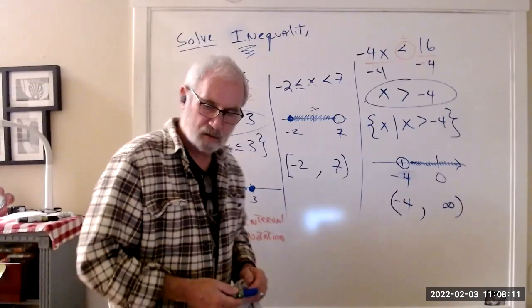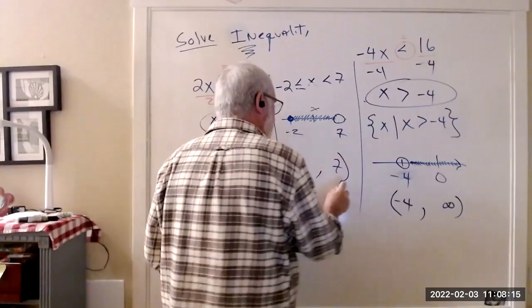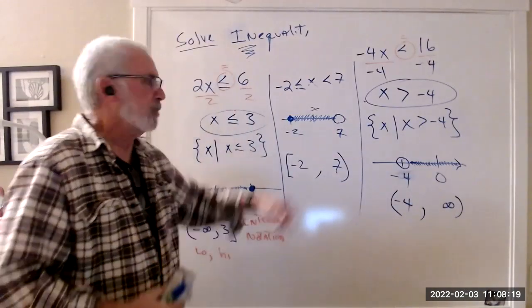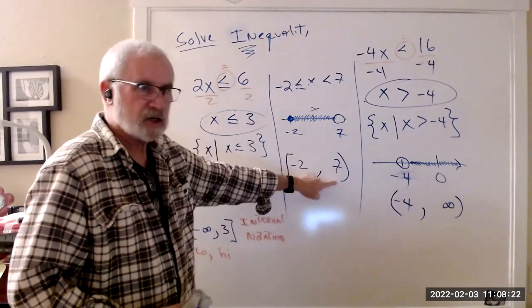But if you see a 0 there over the 7, then that means you put a parenthesis. Yeah, I think I get it. So if you don't touch the number, it's a parenthesis.